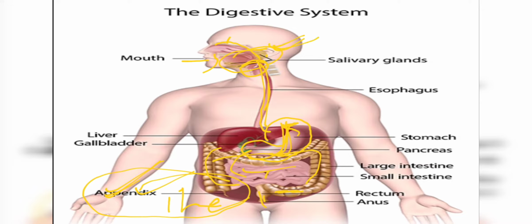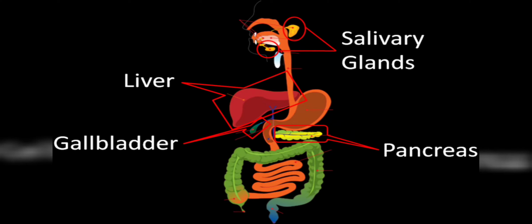Now let's study the different glands that are involved in the digestive system. First is the salivary gland, which is present in the mouth and secretes the salivary amylase enzyme, which gets mixed with the food and makes it into simpler particles. Then comes the liver. The liver is present just beside the stomach and it secretes bile.